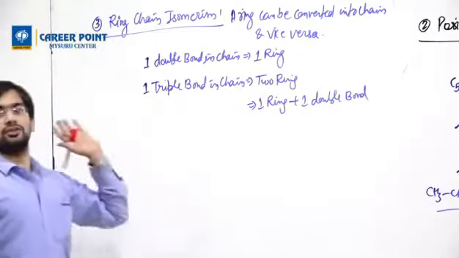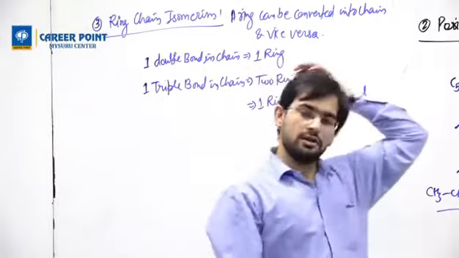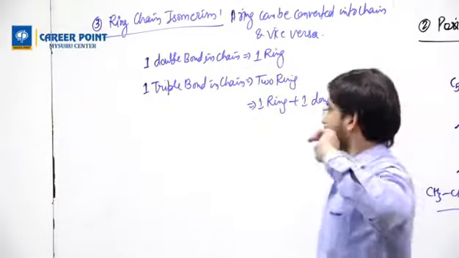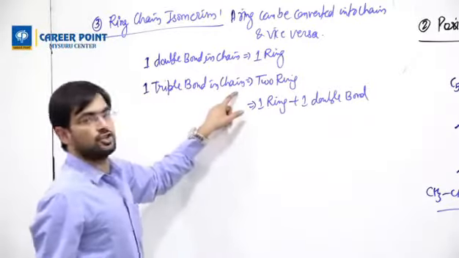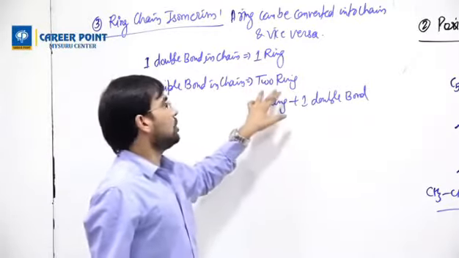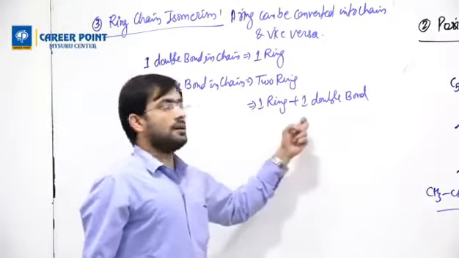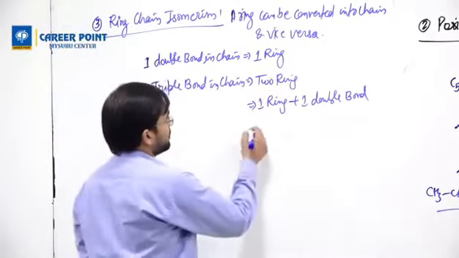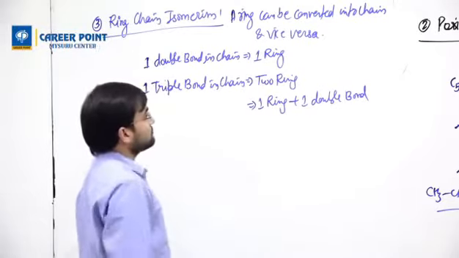These are the terms you should memorize. One triple bond in chain is equal to two rings, or one ring and one double bond. Okay.